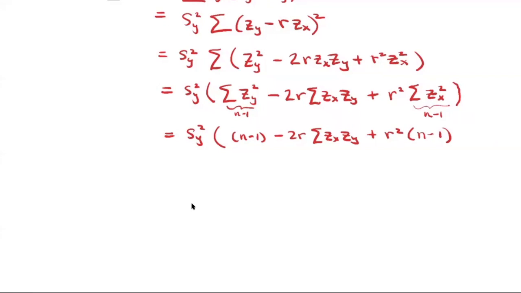Okay, now this is a quadratic in r. Maybe I would write it this way. It's an n minus 1 r squared minus, how about this, 2 sum of zx, zy, and that's times r, plus just an n minus 1.